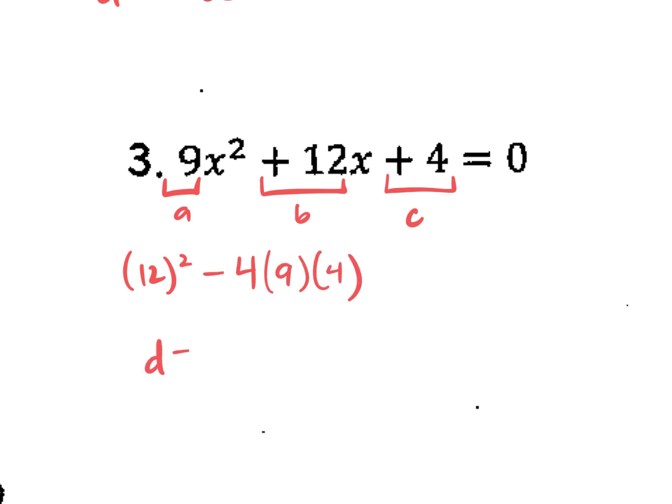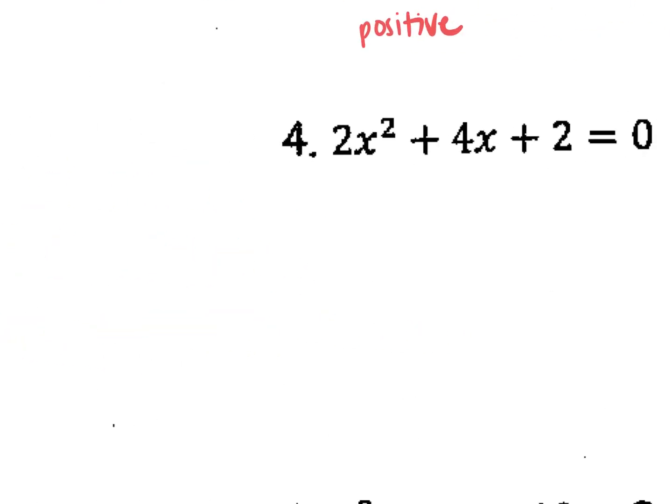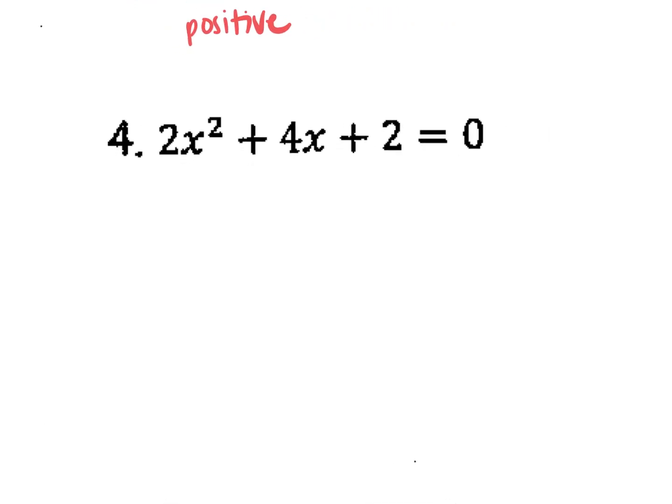And we should get that my discriminant is equal to 0, and if it's equal to 0, we're going to have 1 solution. Number 4. I've got my a value is 2, b value is 4, c value is 2. We should get that the discriminant is equal to 0, which means there is 1 solution.